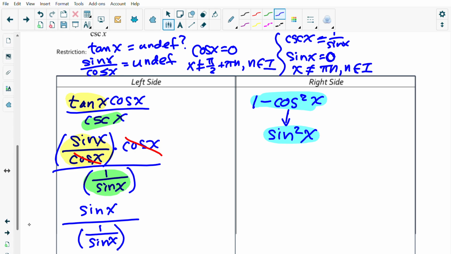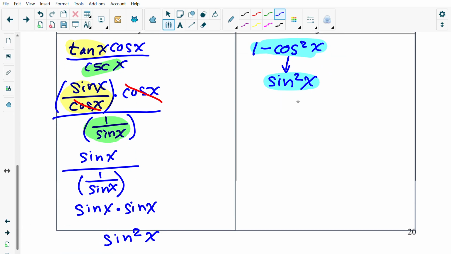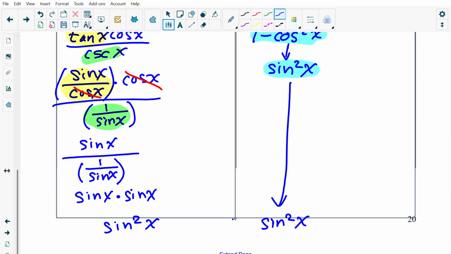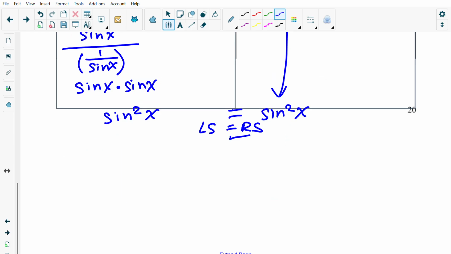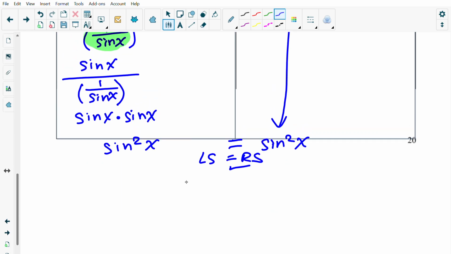As you're doing this, it would be handy to have your formula sheet with you, so you can just pick which identities you want to use. So those are most certainly equal, so left side equals right side, and my identity is proven. But be careful, the identities are valid with the following restrictions.